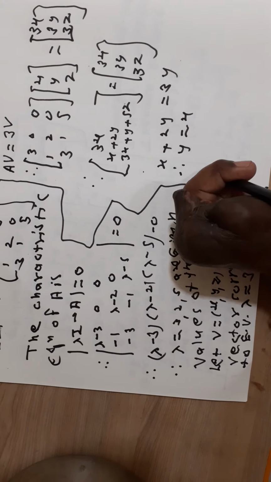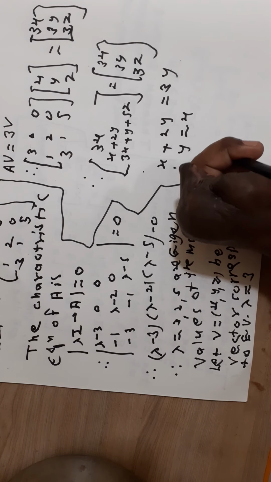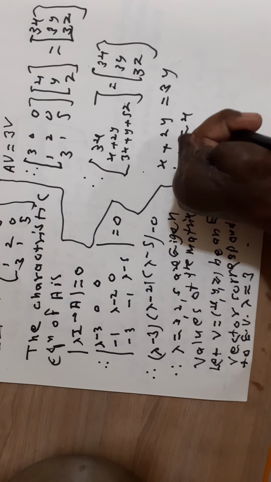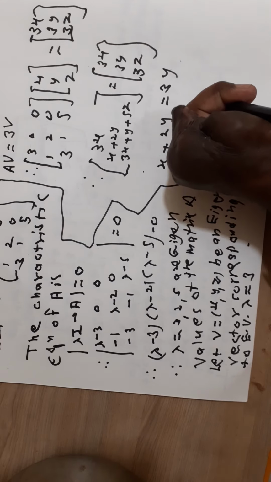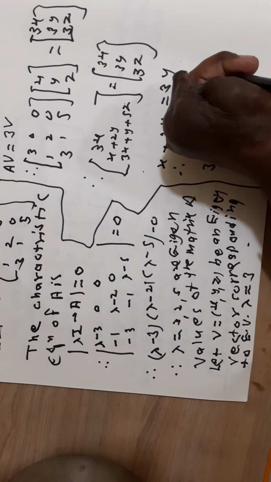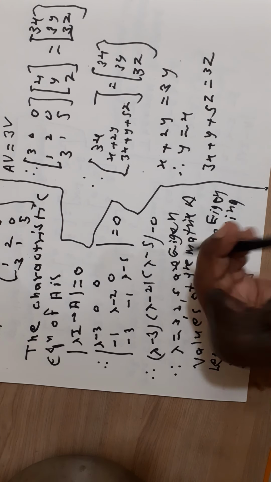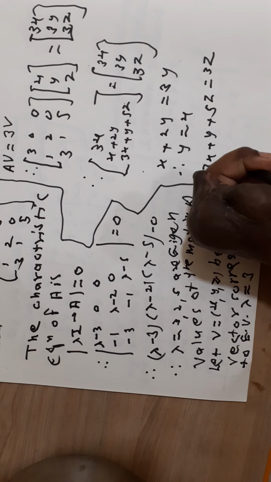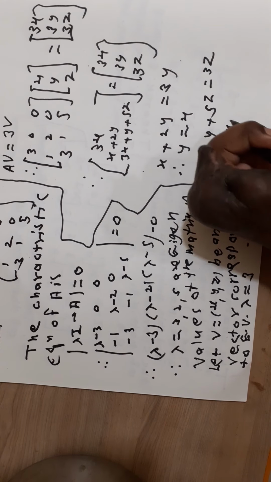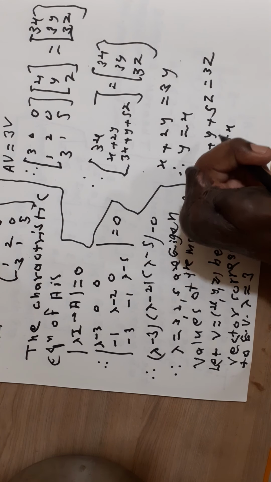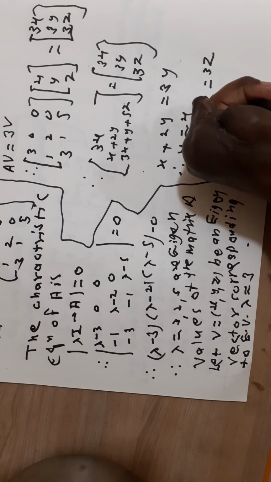Now 3x plus y plus 5z is equal to 3z. Here we can express z in terms of x. With y equal to x, 3x plus x plus 5z is equal to 3z, so 4x is equal to minus 2z.